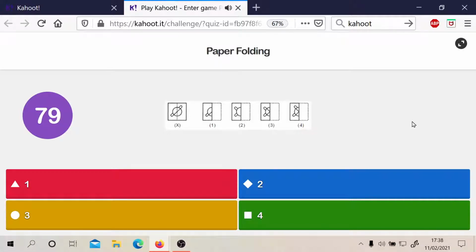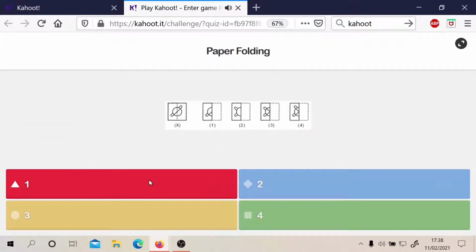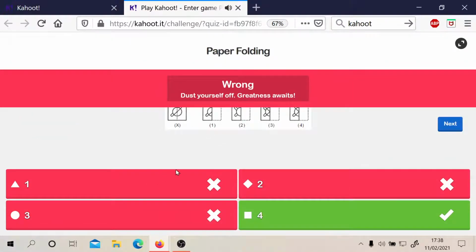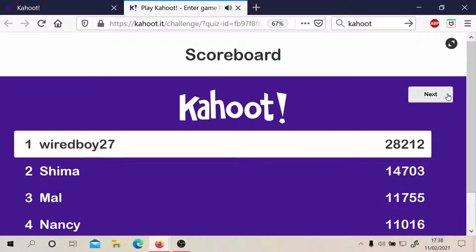So we've just... no, that doesn't make sense. The only one that seems to make sense is... we're gonna go number 1. It's number 4. Okay, that gives me at least an insight into what they actually mean by it.